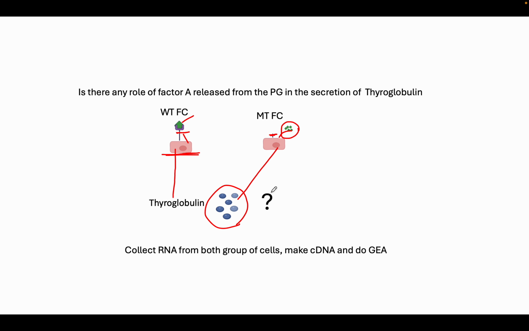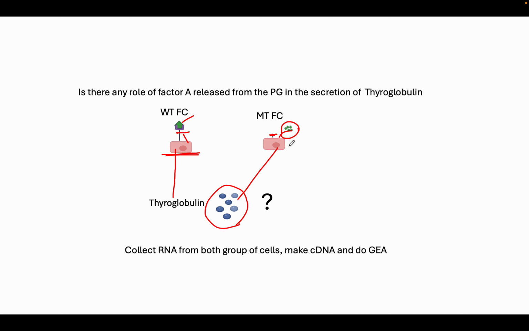My hypothesis is that thyroglobulin secretion is controlled by the factor A, which is coming from the thyrotroph cells of the pituitary gland, and I have disrupted the link between the factor A and the follicle cells. That is why thyroglobulin will not be released.